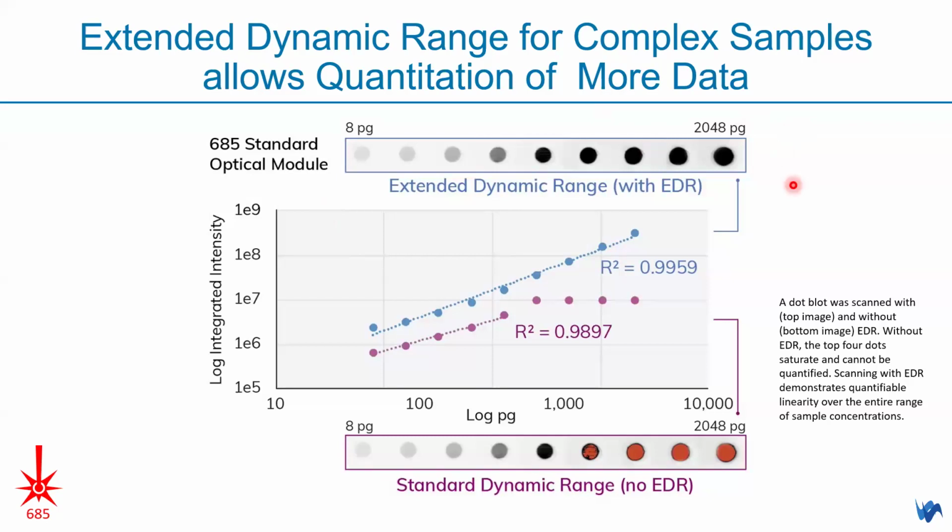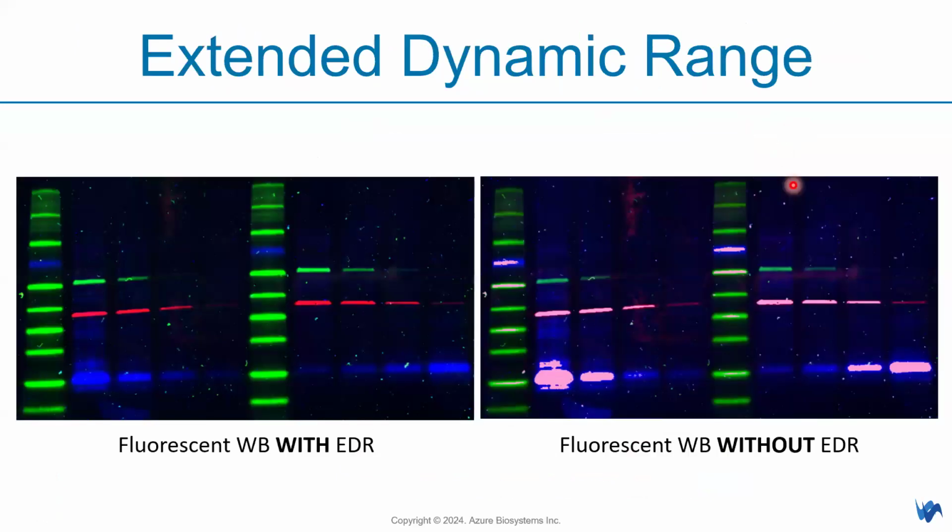It doesn't only apply to blots, it can apply to any other array or assay that you do, even in-cell Western, because you may not know the expression, some are high or some are low. So this is optional for you to choose in the software. In this example, without the EDR, extended dynamic range, some of the bands will be saturated.